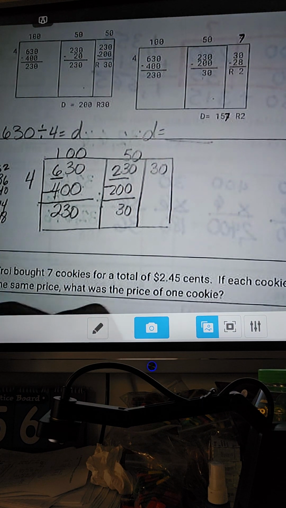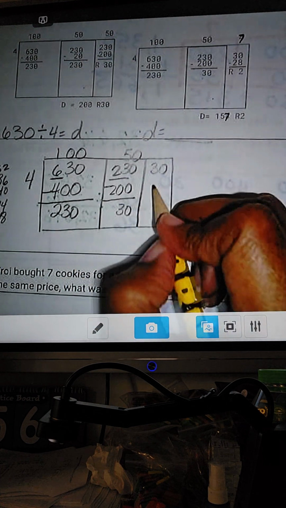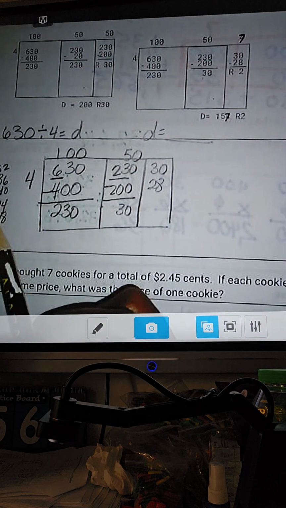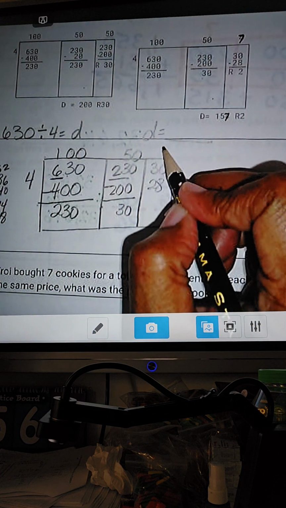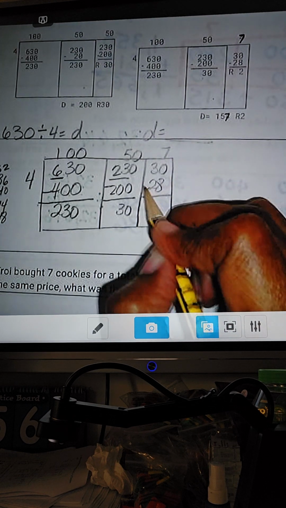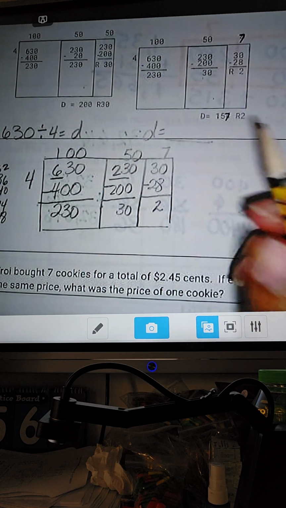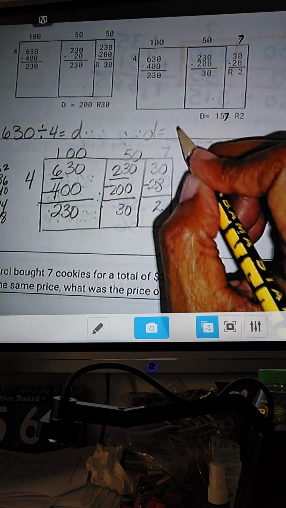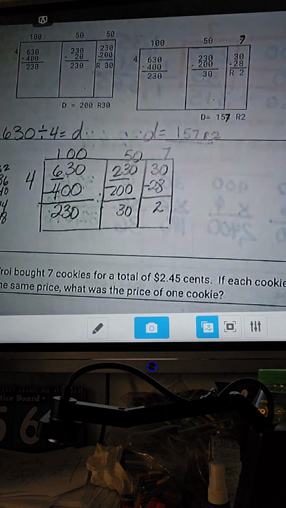Check our multiples of 4. 28 gets as close to 30 as possible. And I know that's 1, 2, 3, 4, 5, 6, 7. So 4 times 7 is 28. Subtract. It leaves 2. My answer here is 157, remainder 2.